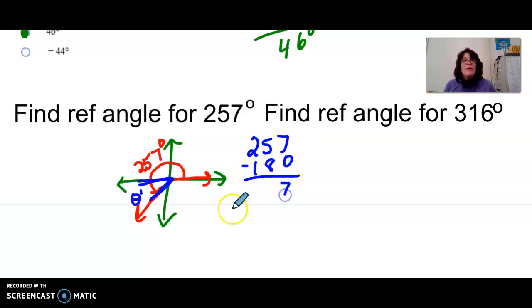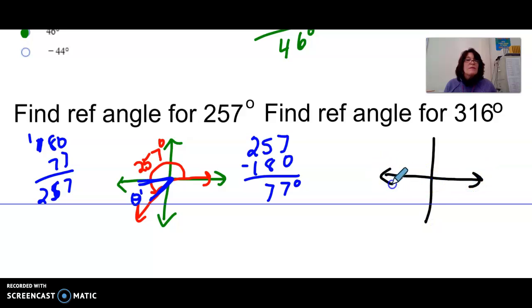So if I subtract 180, I get 77 degrees left, right? 180 plus 77 would give me 257. Okay, 180 plus this 77 degrees would give me the 257.